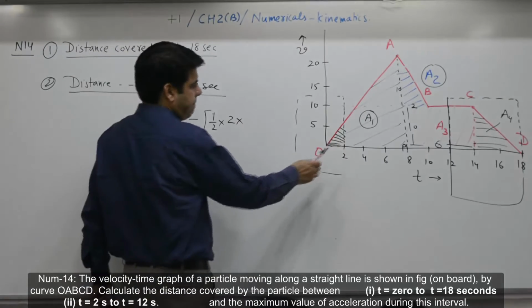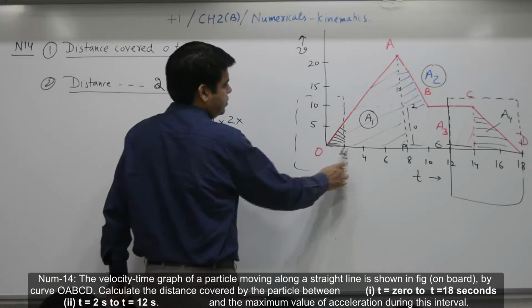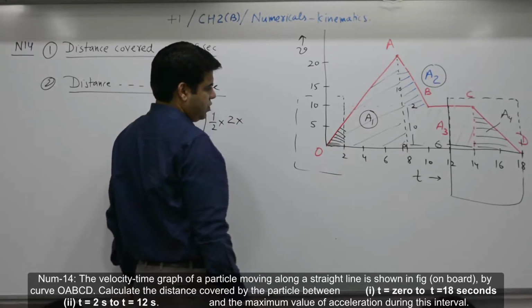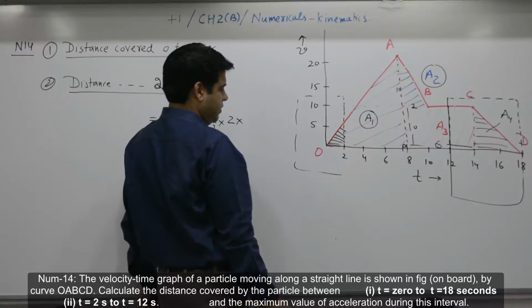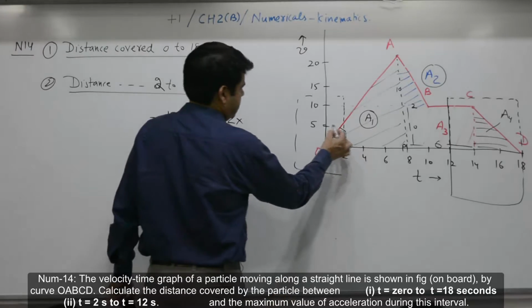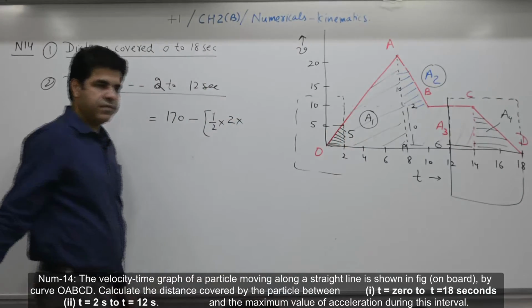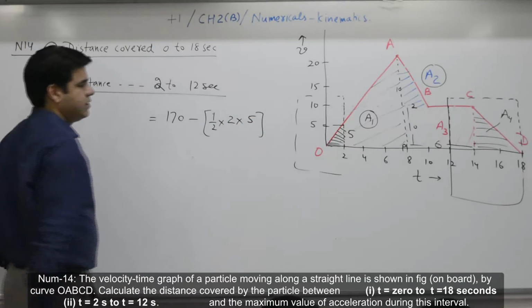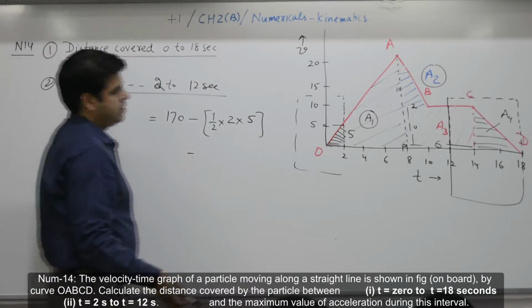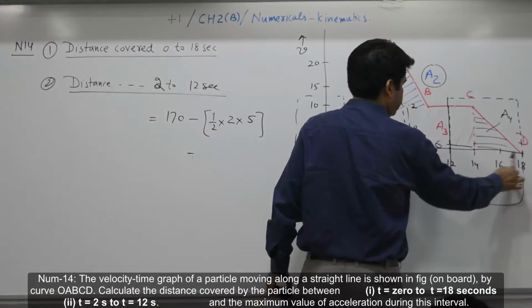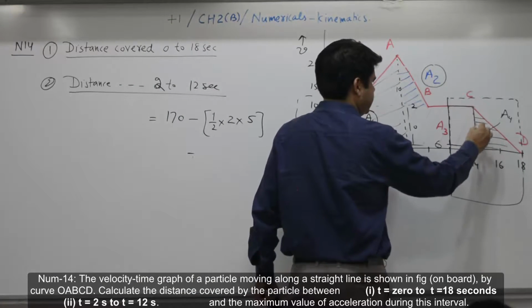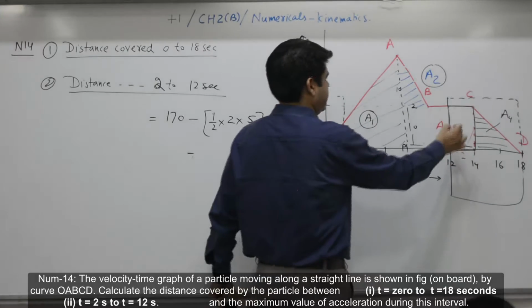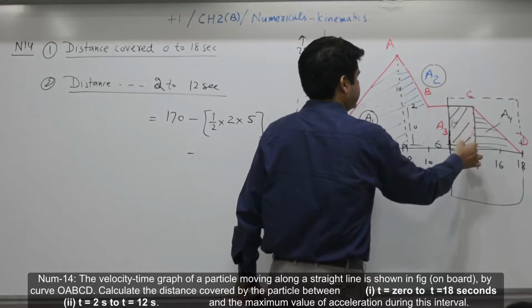Yes. 0 to 8 you reach 20, 0 to 2 you reach 5. This will come out to be 5. 1 by 2 into base into height. Minus. What about this area? This area is how much? 2 into 10.